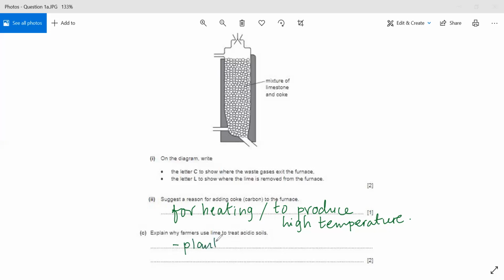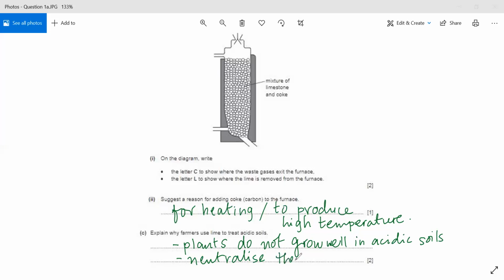Plants do not grow well in acidic soils, so farmers need to neutralize the acidic soils. Then only will the plants be able to grow well.